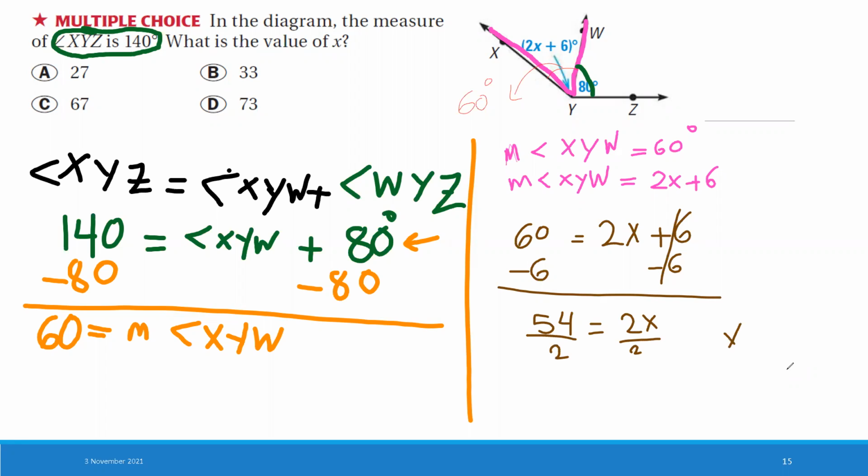So what's the value of x? 27. So this will be the correct one. And did you get the same answer? It's okay. Is it clear, girls? I know it's a hard one.